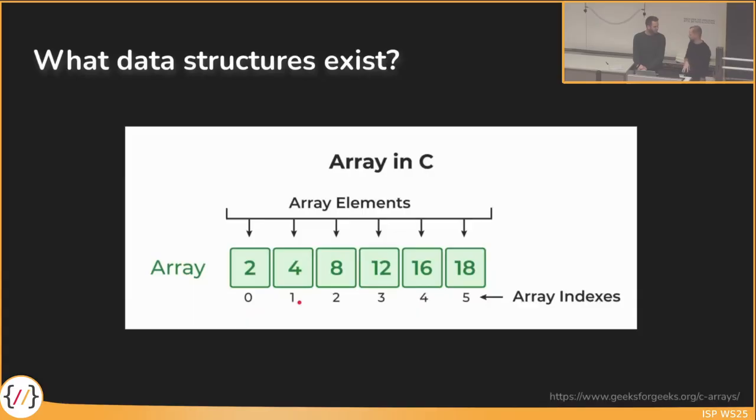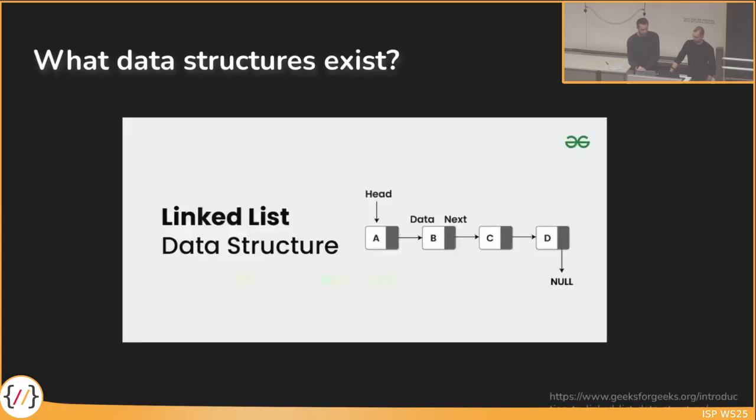But they have some drawbacks too. And that's why there are different data structures too. We'll come back to one problem when working with arrays. But now let's have a look at further data structures. So the first we want to introduce today is the linked list.